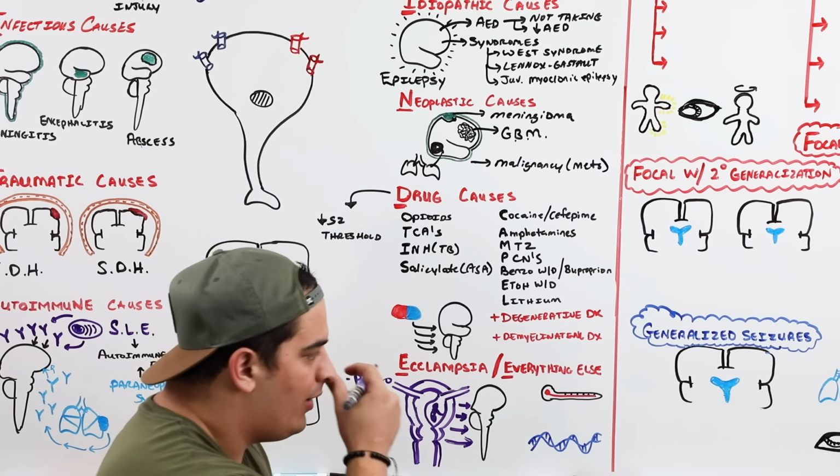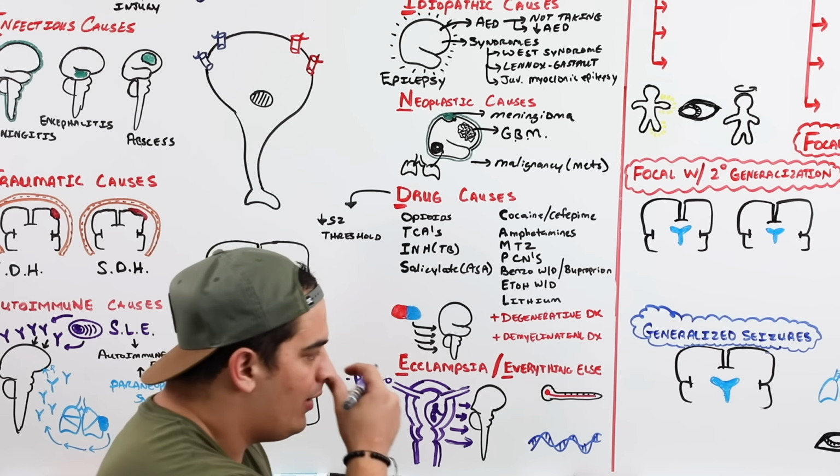Let's start with glutamate. Now, for whatever reason, in these individuals who develop seizures, there is an increase in glutamate production, or an increase in the glutamate activity on the particular receptors that are on this postsynaptic neuron.